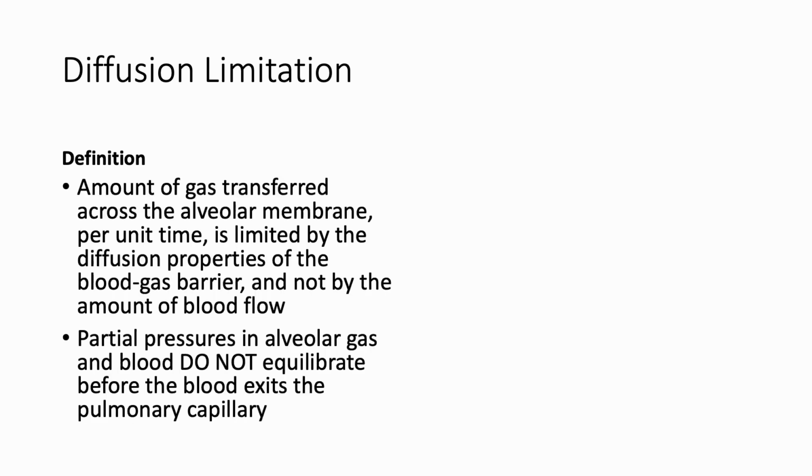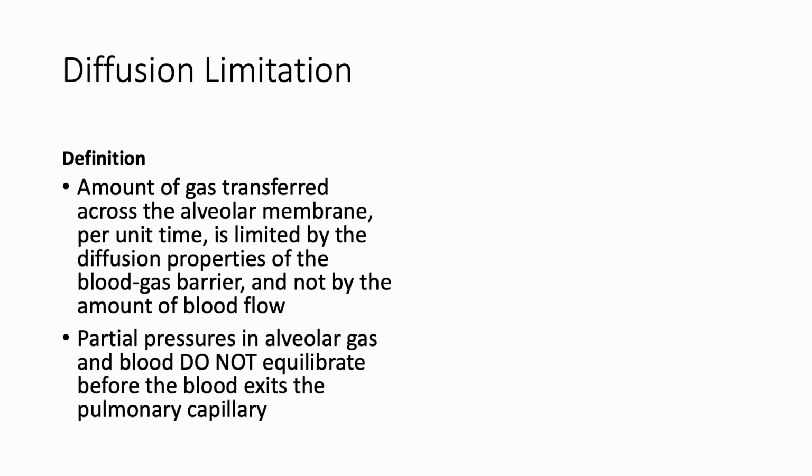What is diffusion limitation? Well, diffusion limited gas transfer is said to occur when the amount of gas transferred across the alveolar membrane per unit time is limited by the diffusion properties of the blood-gas barrier and not by the amount of blood flow.